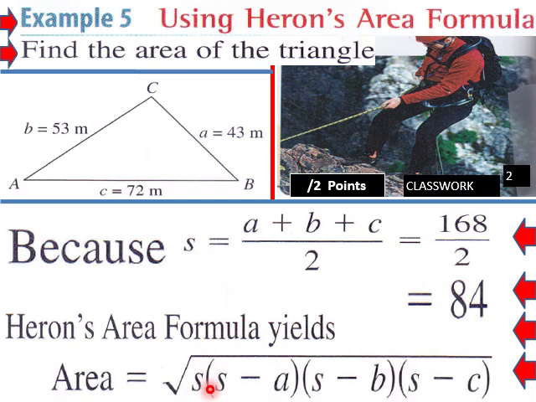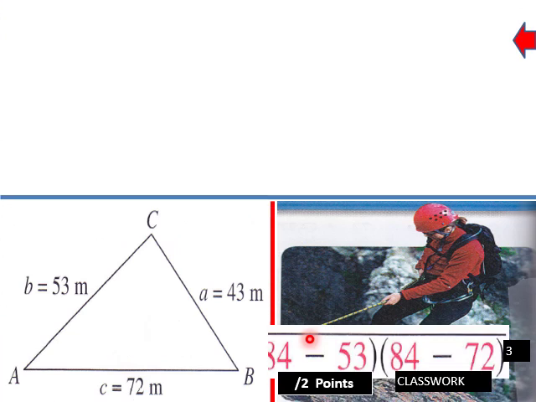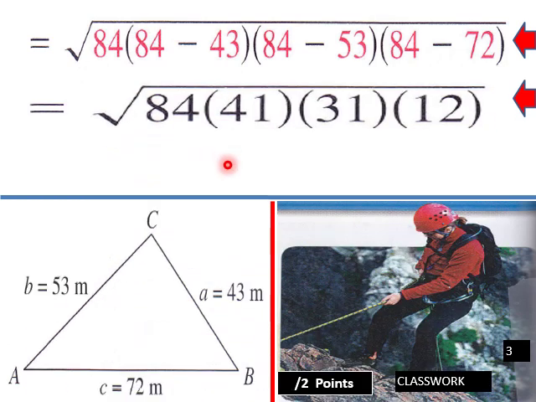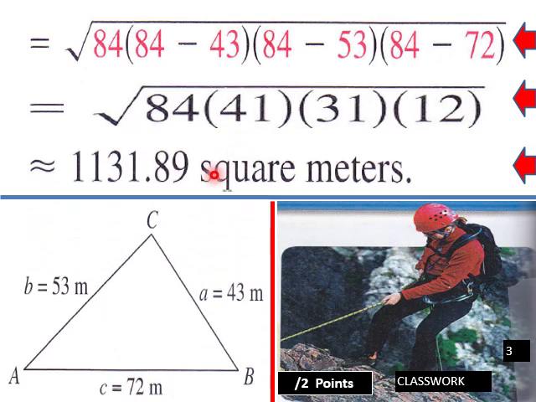When we plug that into our formula, we get 84 times (84 minus 43), (84 minus 53), (84 minus 72), and then we take the radical of that. There's your setup, and the radical of that is 1131.89 square meters for the area of this triangle.